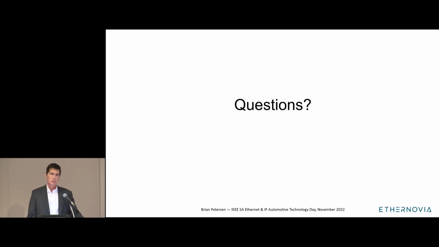Mark Fu from Active. So I saw you have a block diagram. You have a controlling ECU, you have a zonal ECU, and you have a CAN-based ECU. My question is, I thought your goal is to simplify the zonal ECU, so the zonal ECU is only the gateway or routing, right?